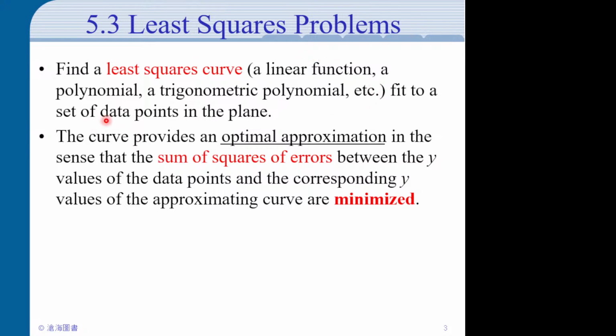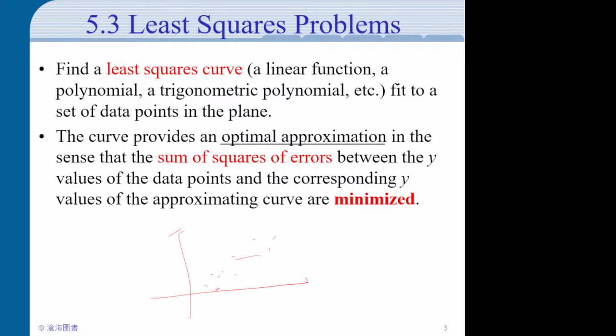Sometimes we have some experimental data and a whole bunch of points, and we want to find a curve that fits the data points, a linear approximation or a polynomial or something. Okay, so maybe let's draw a picture here. The idea is that you have whatever points are your experimental data, right?